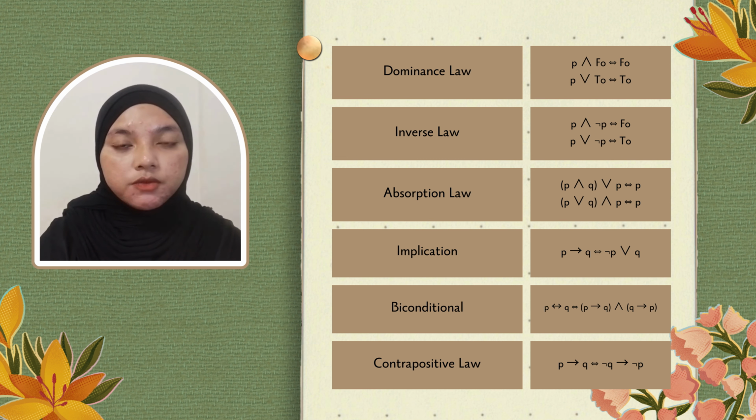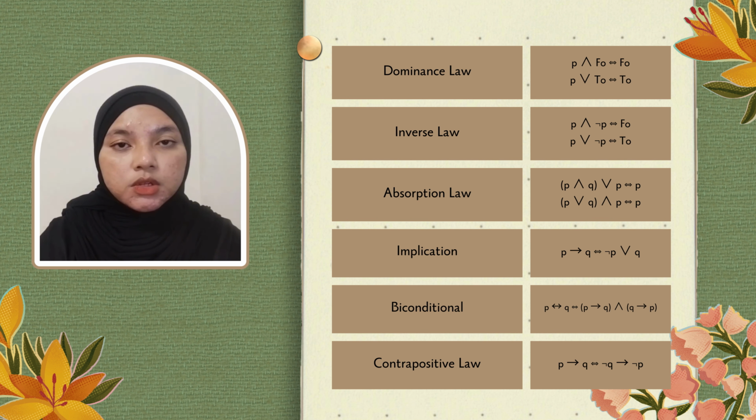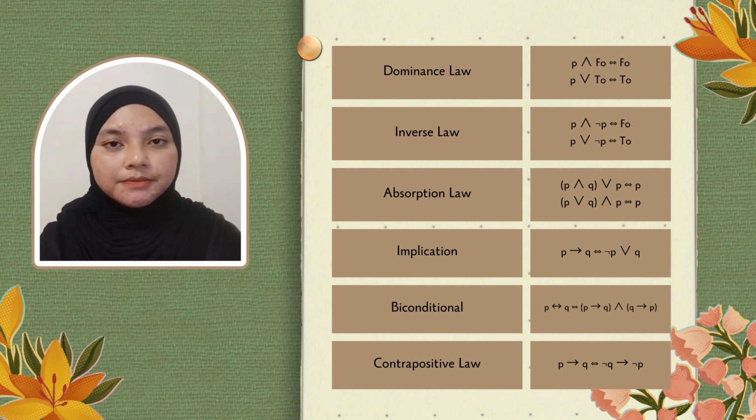For example, if we see P and contradiction, it will be equivalent to contradiction, and P or tautology will be equivalent to tautology.